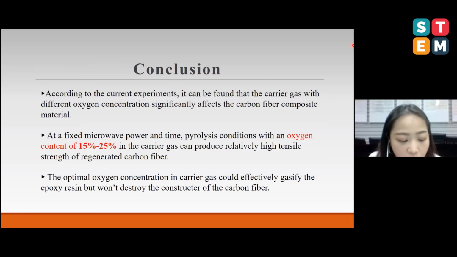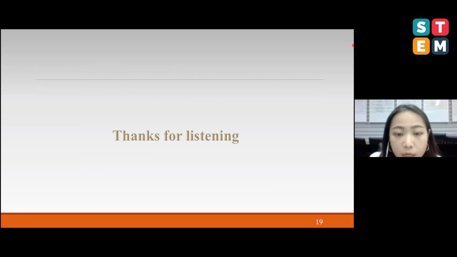And finally, the optimal oxygen concentration in the carrier gas can effectively gasify the resin, but it will not damage the carbon fiber structure. Thanks for listening.